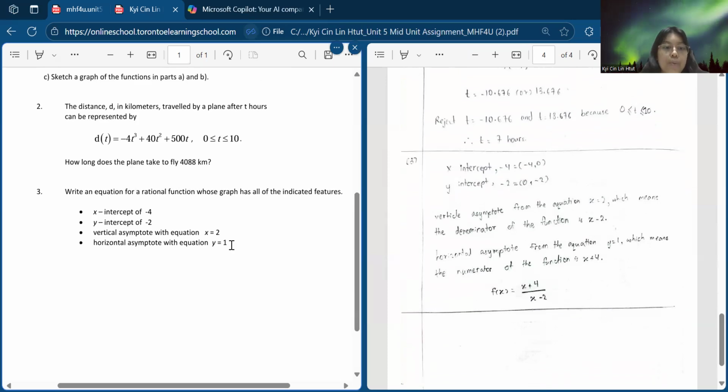Now for question number 3, it gives us these facts as given. From here, since the x-intercept is -4, we know that the numerator will be x + 4.